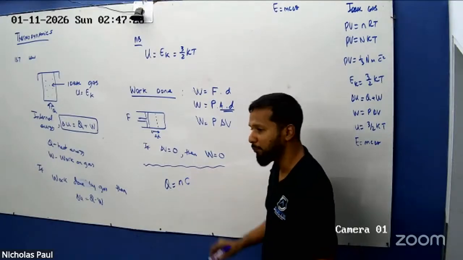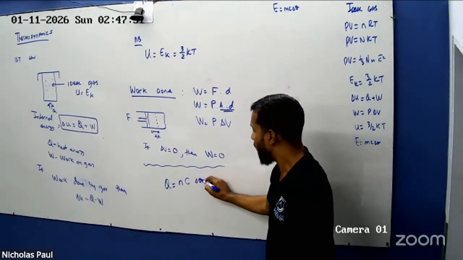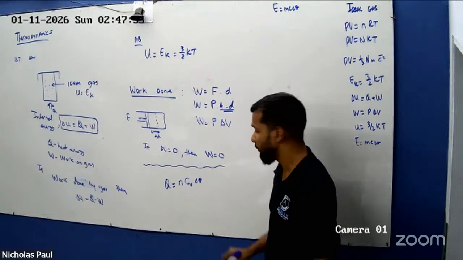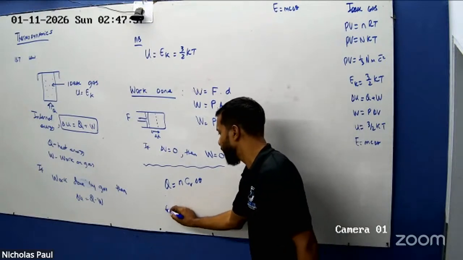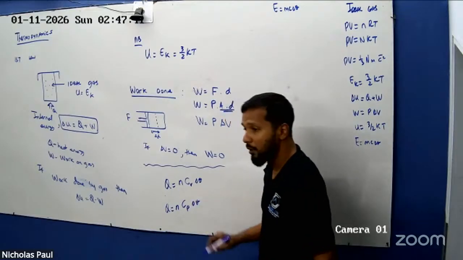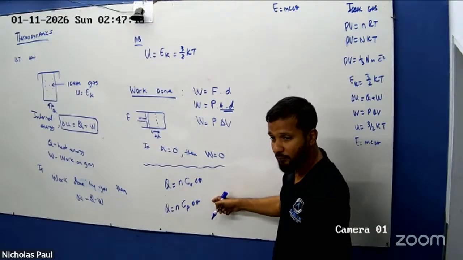So we're going to look at something called molar heat capacity. And to make it more complicated, we're going to keep volume constant, and we're going to keep pressure constant, and observe what will happen here. That's okay?